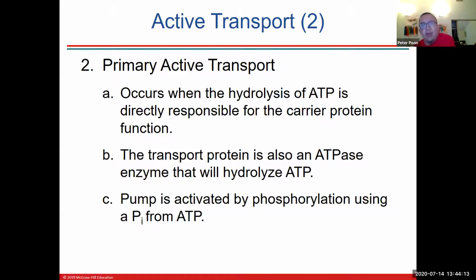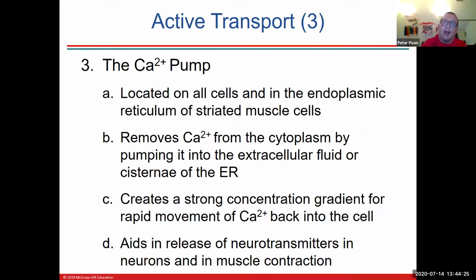So the transport protein is also an ATPase, which means it uses ATP. Usually you phosphorylate the protein, and that causes a conformational change, which allows one thing to move across, and then you have to burn enough ATP to do this over and over again.